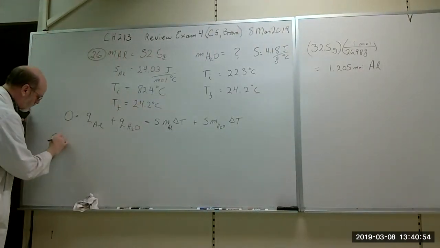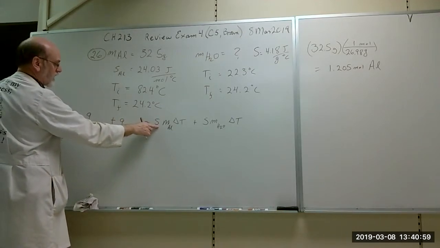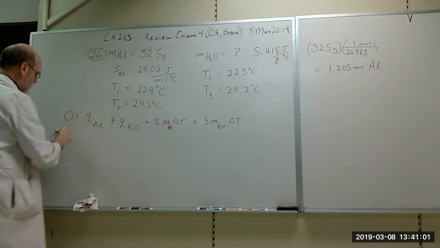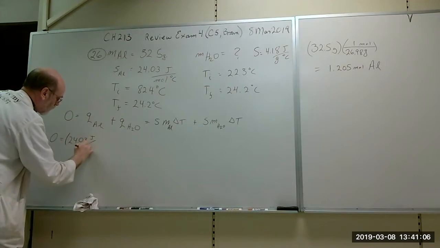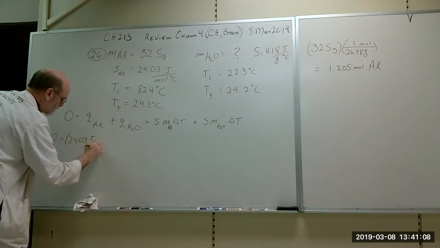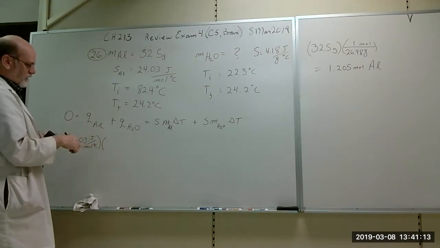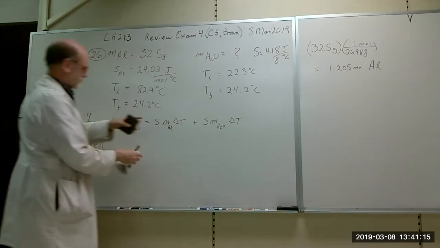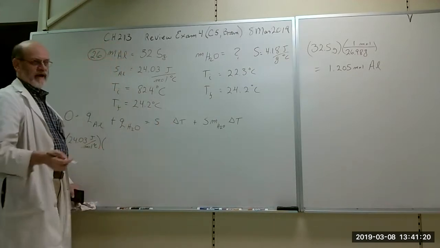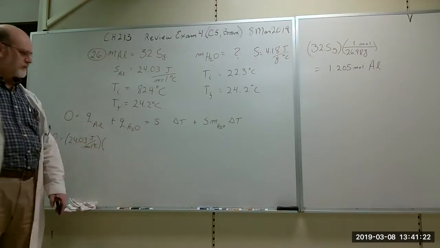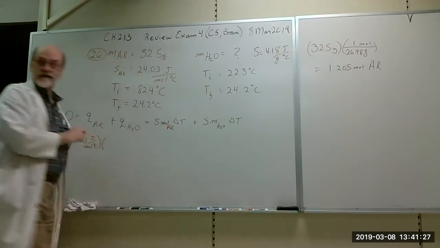We say, okay, 0 is equal to the molar heat capacity of aluminum, which is 24.03 joules per mole degree C. And then, you know what? That's not right. M stands for mass, right? So what are we going to say for moles? I guess we just have to write it in. Moles of aluminum, right?